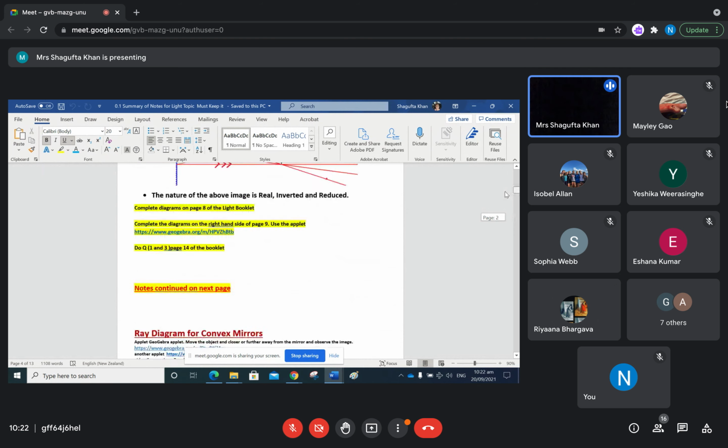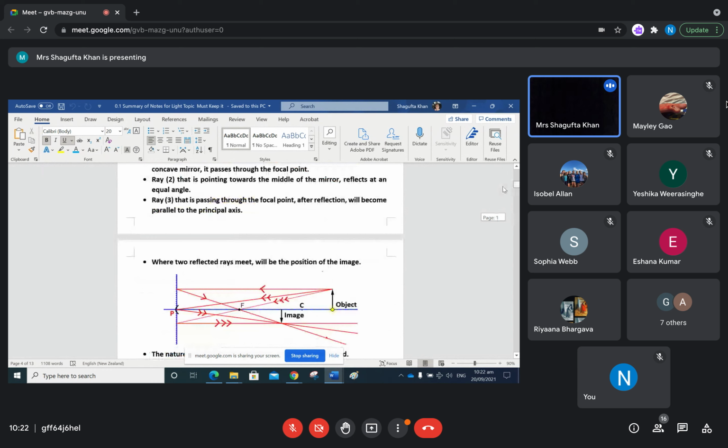So going back here, a concave mirror makes two types of images. If the object is standing from here to there, it will be making a real image. It will be upside down, but it could be enlarged or it could be smaller. But when the object stands between the mirror and the focal point, somewhere over here, then it makes an enlarged virtual image.